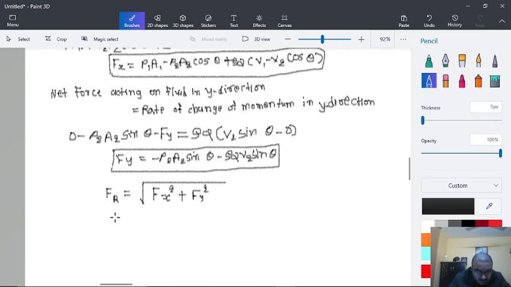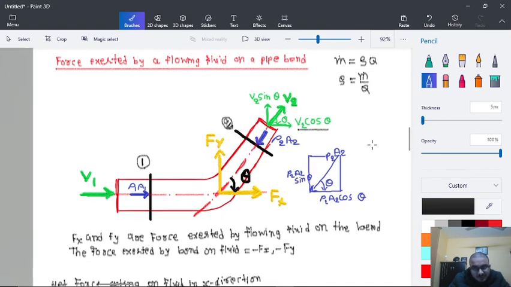The angle made by this resultant force with the horizontal axis is given by tan theta equal to Fy upon Fx. So this is the end of this theory. Let's copy this work into our main slides.